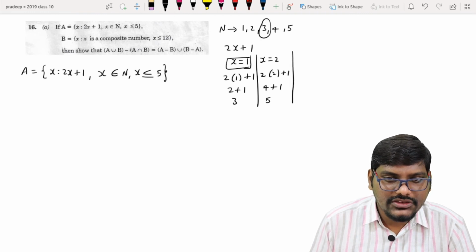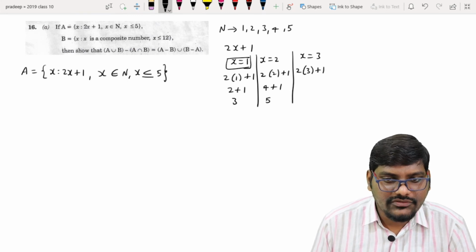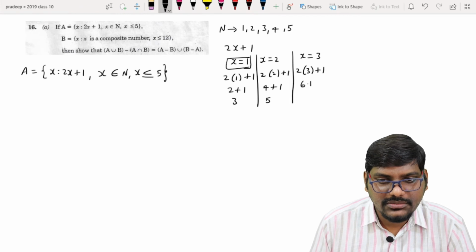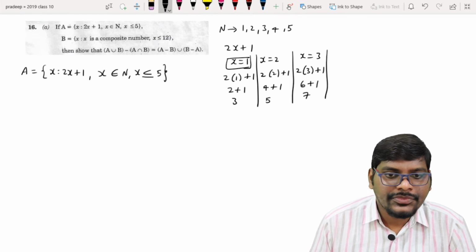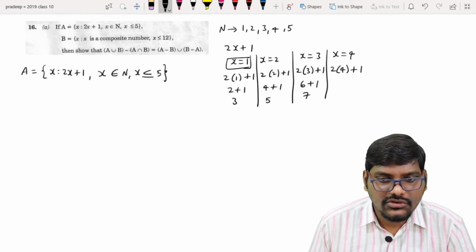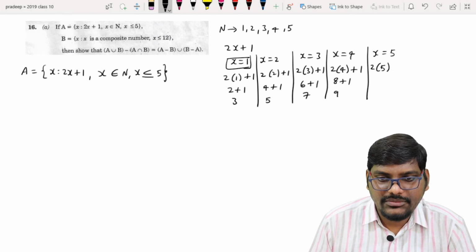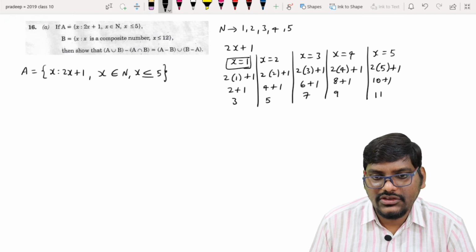Now x equal to 3: 2 threes are 6 plus 1, which is 7. Now x equal to 4: 4 twos are 8 plus 1, so this is 9. Next x equal to 5: 2 fives are 10 plus 1, so I got the value 11.